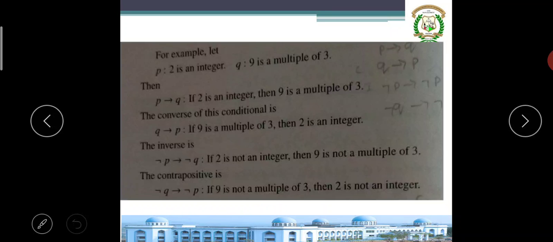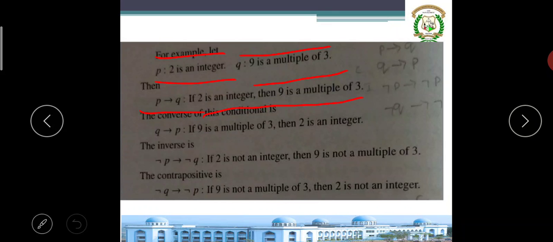Suppose P is a statement that says 2 is an integer. Q is another statement that says 9 is a multiple of 3. How do I write P implies Q? P implies Q says if 2 is an integer, then 9 is a multiple of 3.